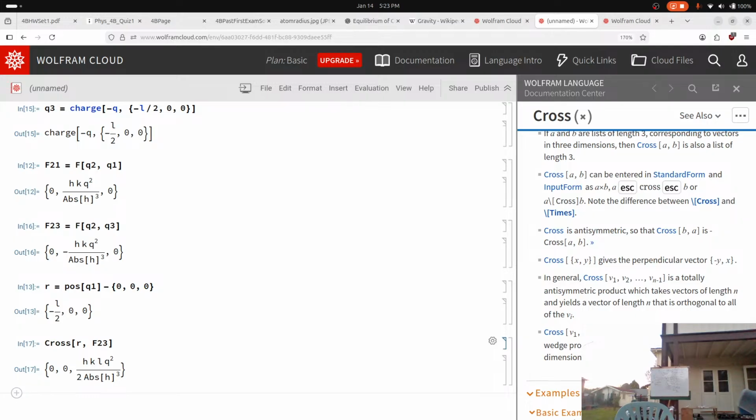Maybe it does need water. Let me move this stuff out of the way.